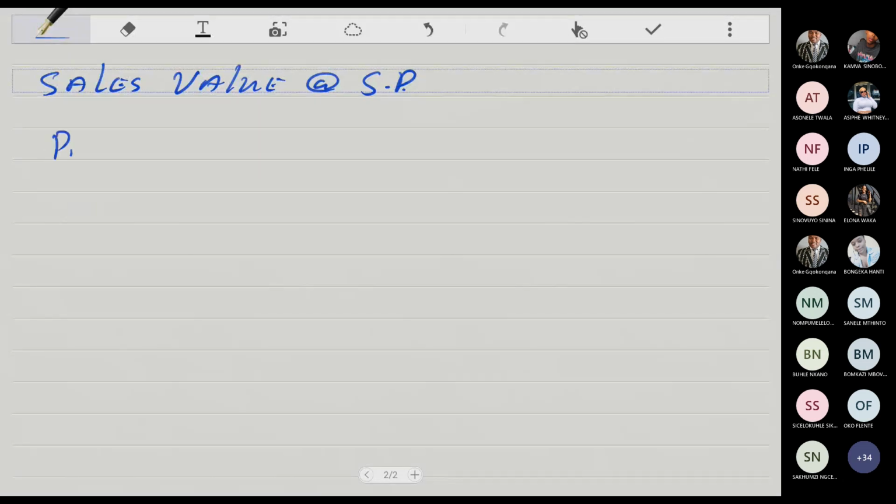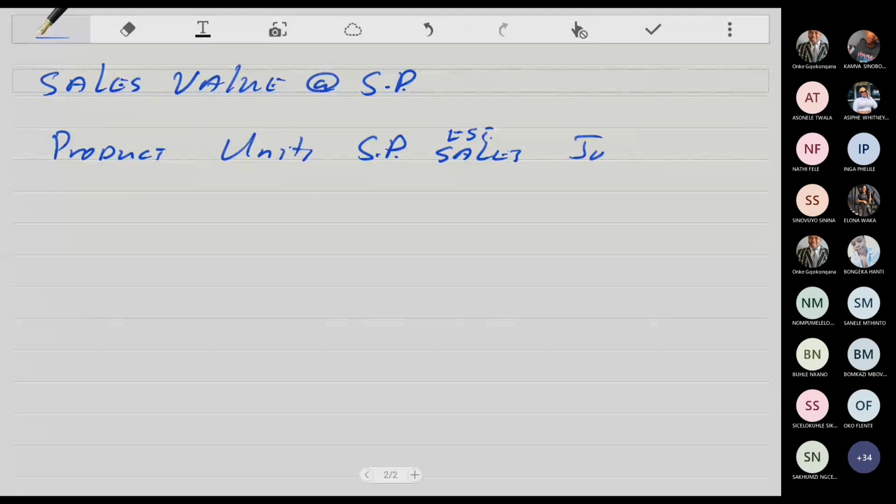Once again, we have the product and units, and now a new column, selling price. Remember, this is the selling price at split-off point. Then we come to the estimated sales, and the joint cost that we have to allocate.